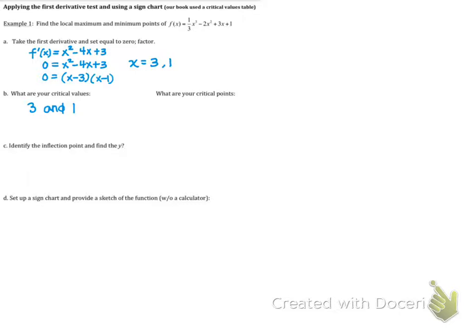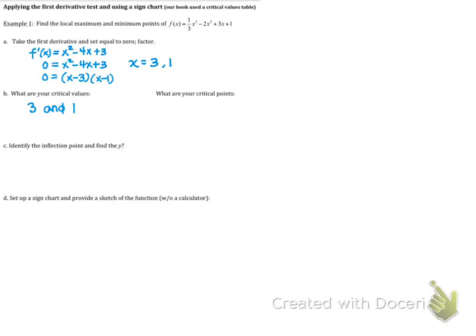These values are the roots of the first derivative, but they are also the x values of the max and min of the original. So since I'm looking for the max and min, I'm going to take these values for x and plug them into the original f of x to find the corresponding y.